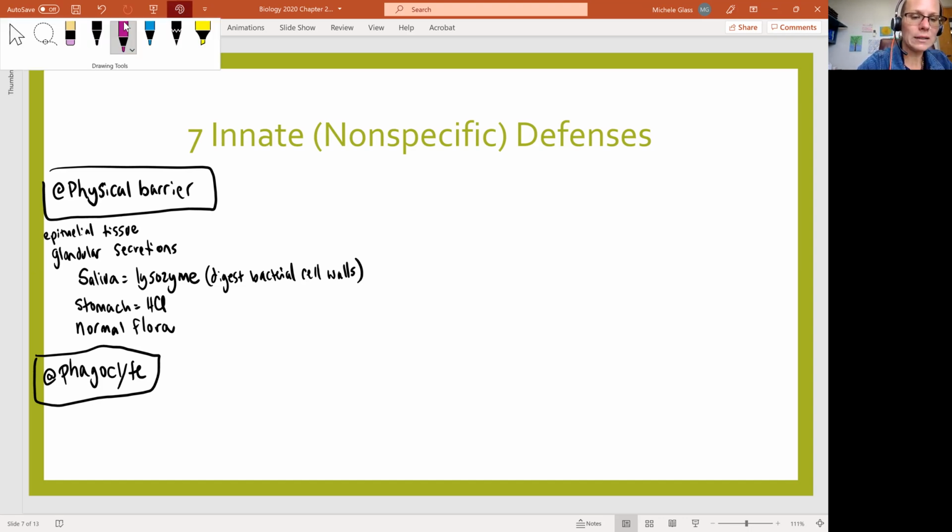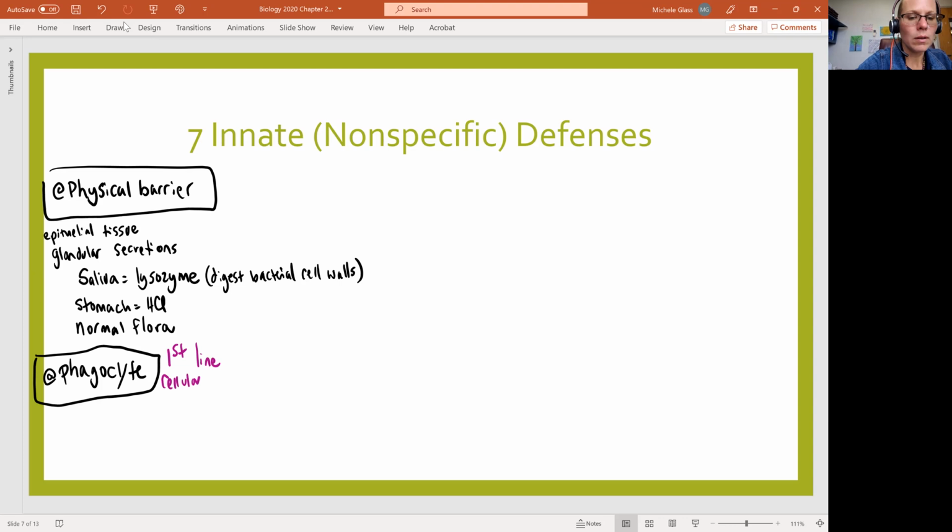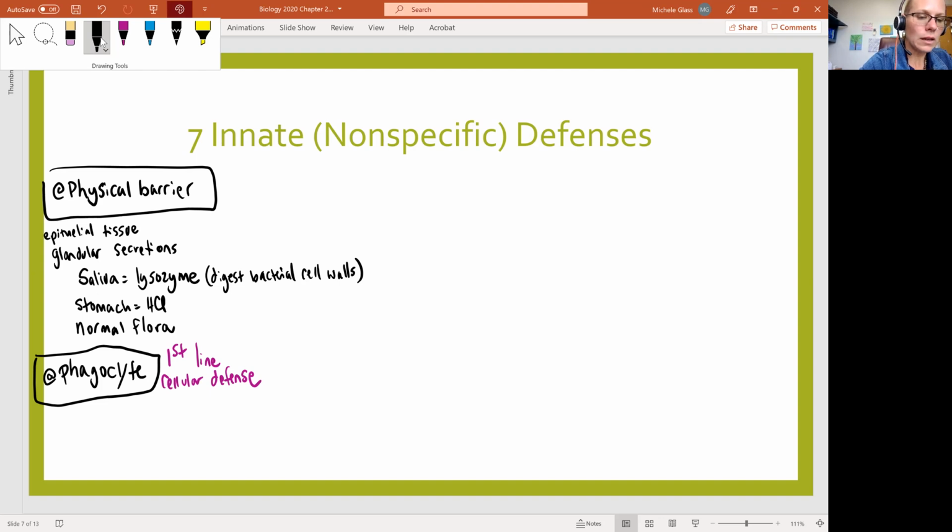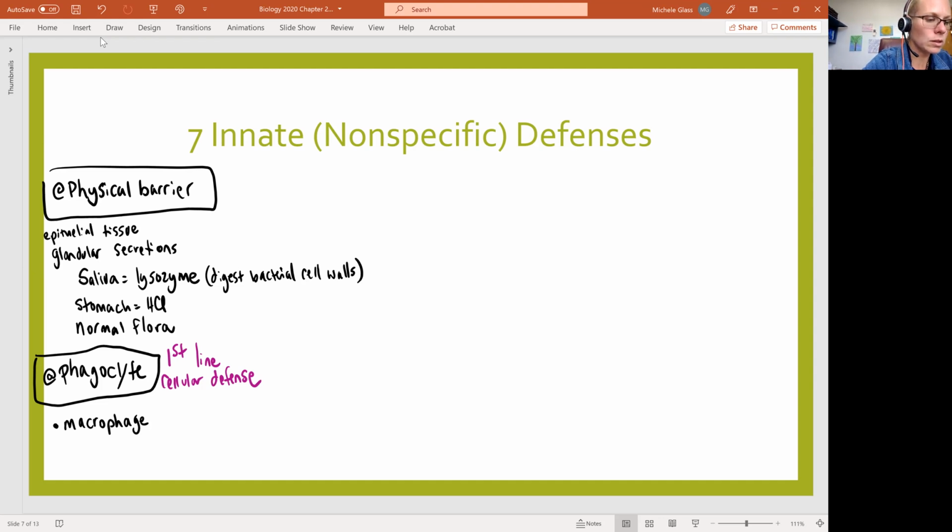Now, your phagocytes are described as your first line of cellular defense. This includes your macrophage. We've talked about these so many times in this course. This includes your neutrophil.